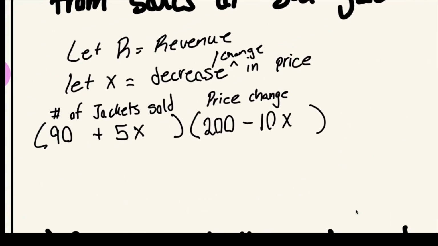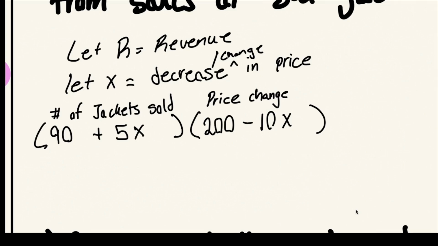And so if x is 2 here and x is 2 here, 200 minus 10 times 2, the price now will be $180. So for $180, how will that affect the number of jackets sold? Well, 90 plus 5 times 2, that is 10, so it's going to be 100 jackets sold. So if the price is 180, there will be 100 jackets sold, right?